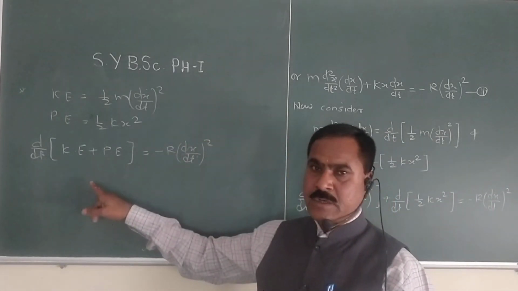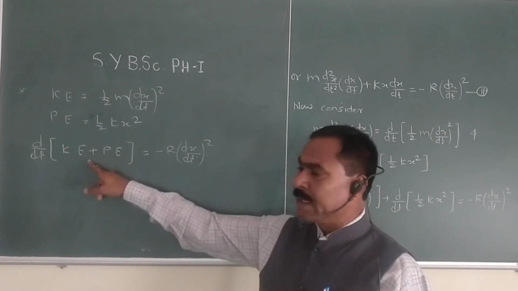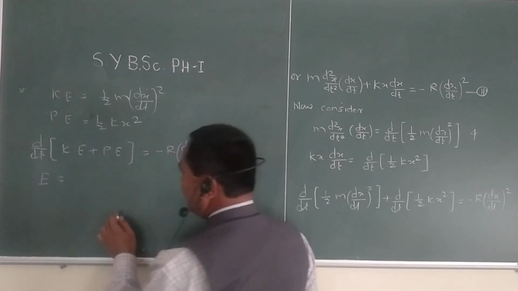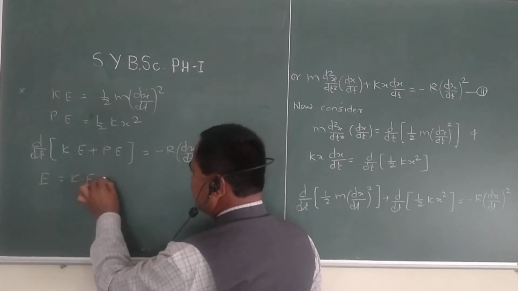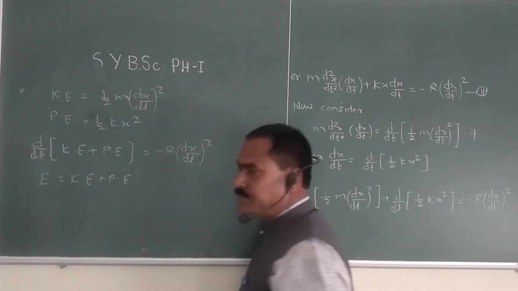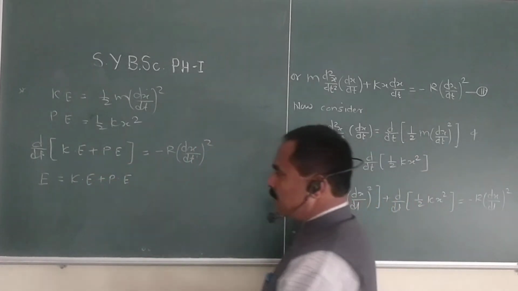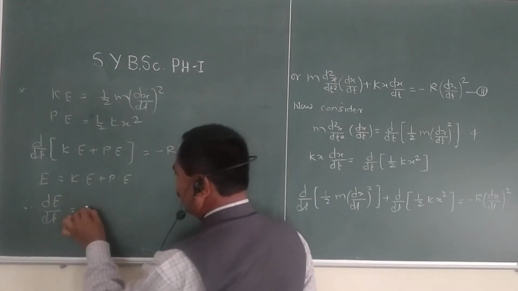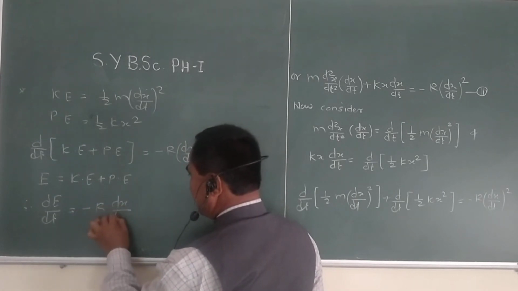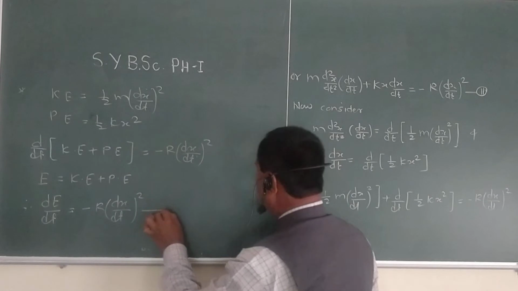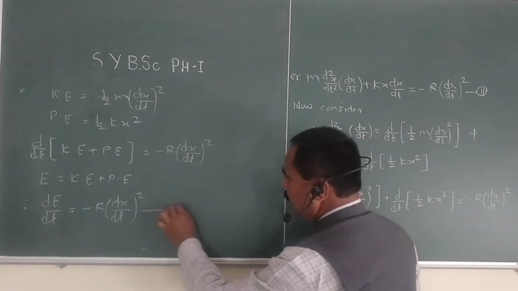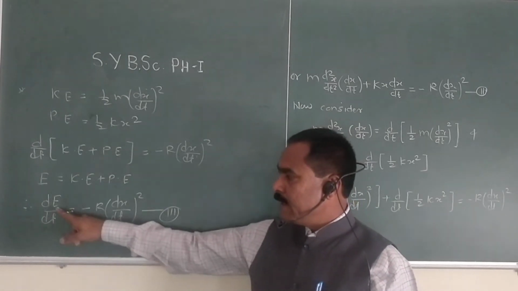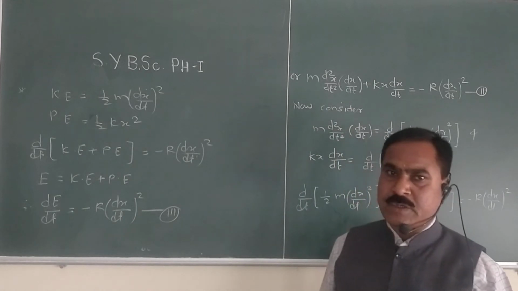Now the total energy of the oscillator can be written as the sum of kinetic energy and potential energy. So we write total energy E of the oscillator equal to kinetic energy plus potential energy. Therefore, dE/dt equals minus r (dx by dt) whole square, equation number 3.